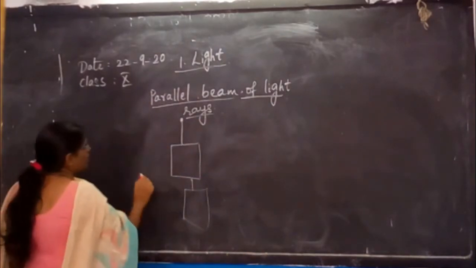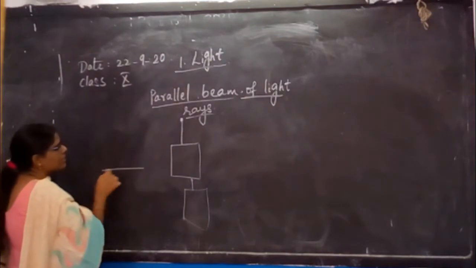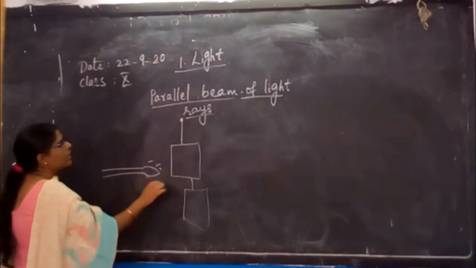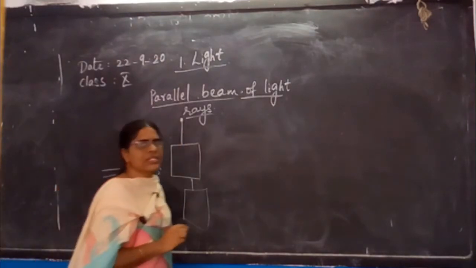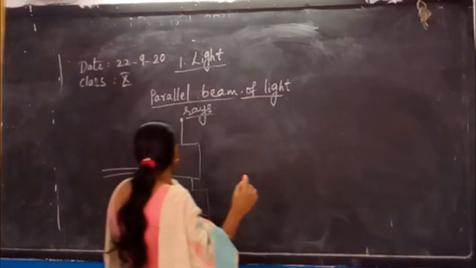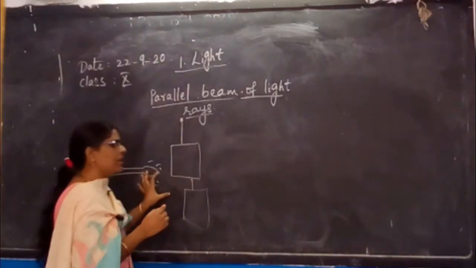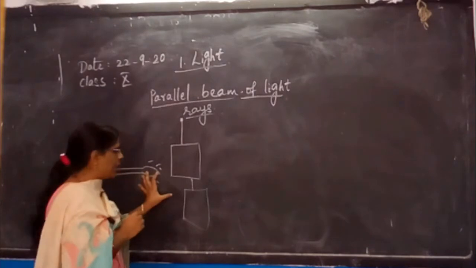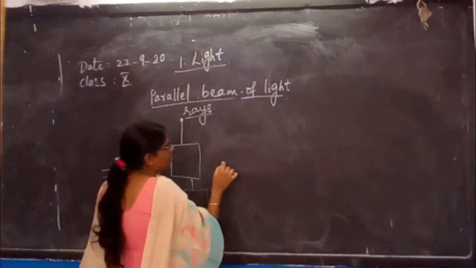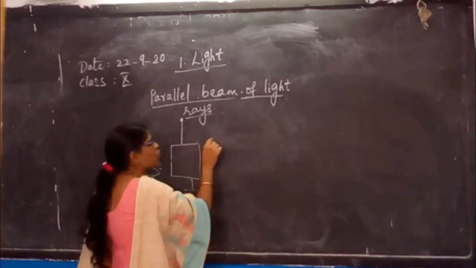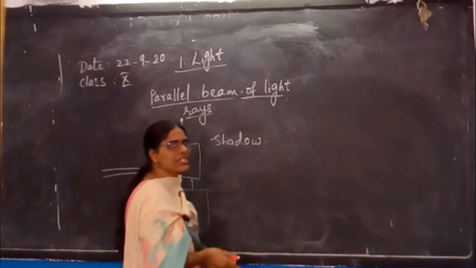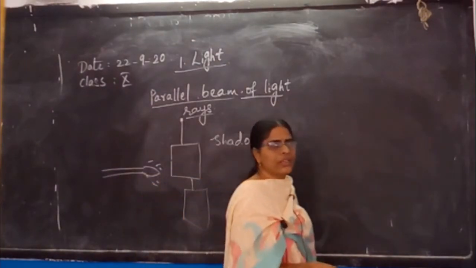Now, place these in such a way that from a candle, a number of light rays fall onto these pins. If I place the candle very near to the thermocol box, you will see that the shadows of these two pins appear as if they are moving away.